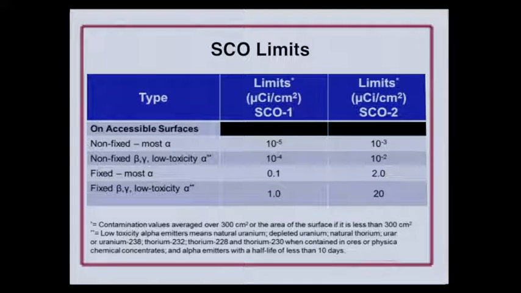So that's non-fixed, but there's also fixed. And you can see for SCO1 and SCO2, same information as far as averaging it over 300 centimeters squared. If you'll recall, we talked about this previously in receiving radioactive material. It is basically the same information.